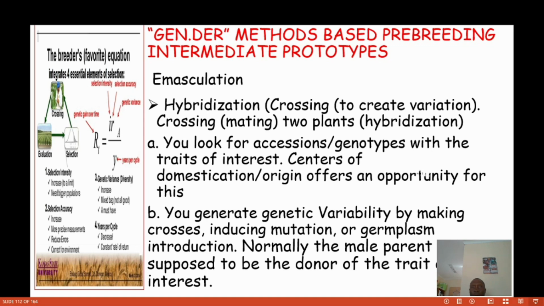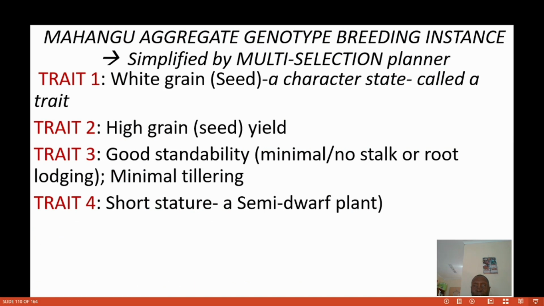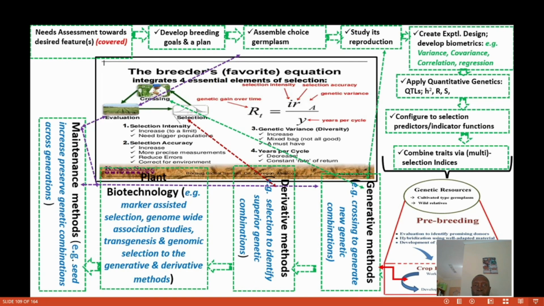So I had talked about the gender methods based on breeding. And if we go back to this diagram here, you will begin to see in the lower one, where we have now the blue, is where we are now doing our work on crop improvement, where you have the GE representing the generative methods.